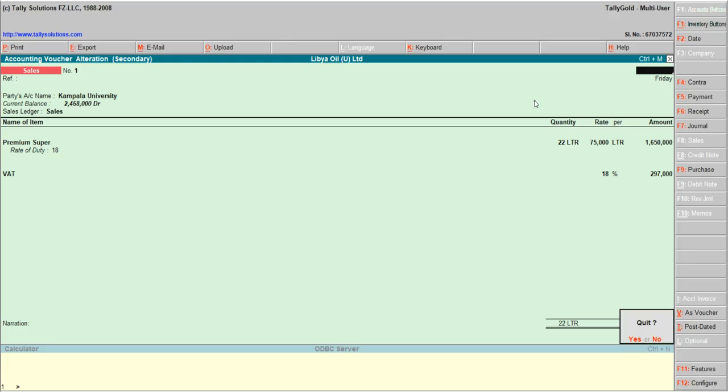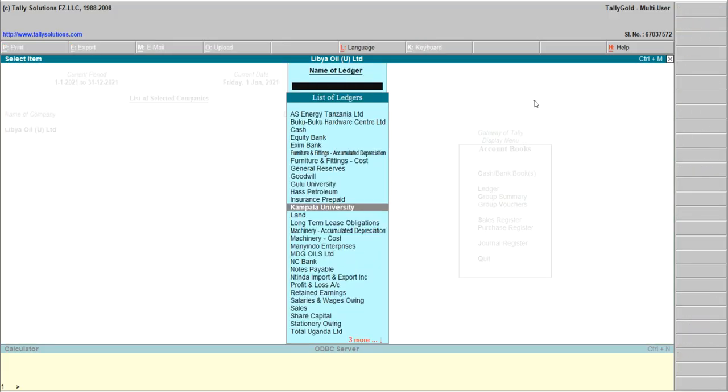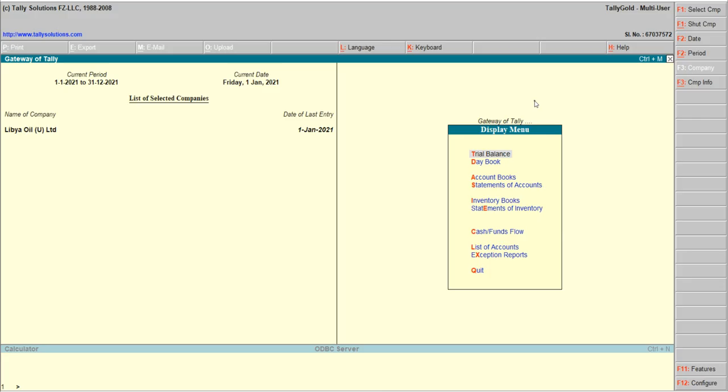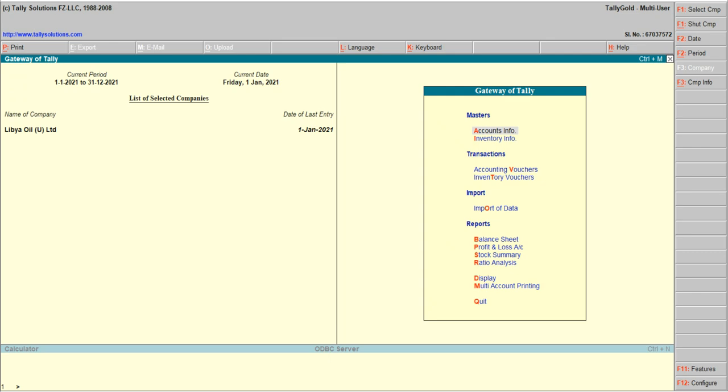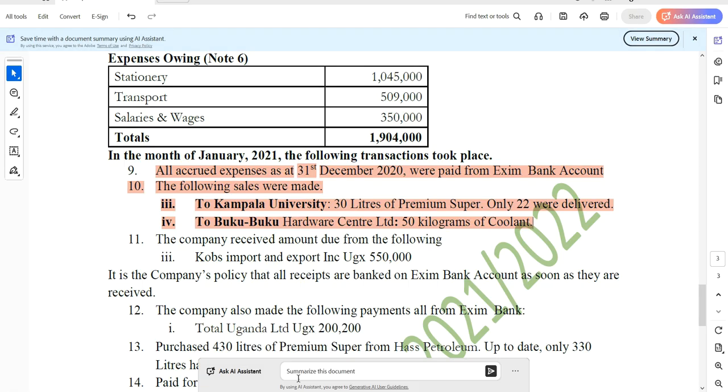Okay, so I will escape, then go back. I don't want to quit. I think I'd entered the 50 coolants for Buku Buku. Let me just check.